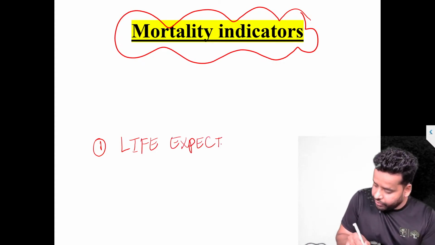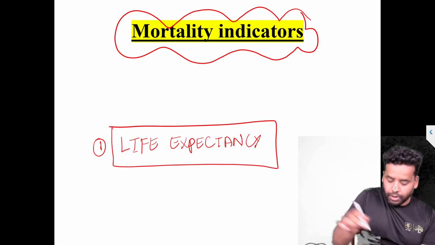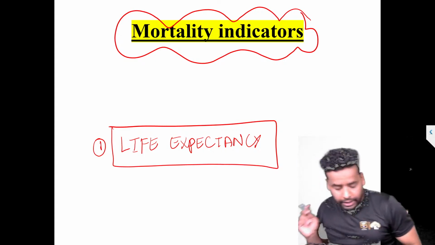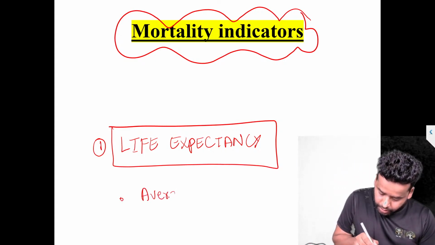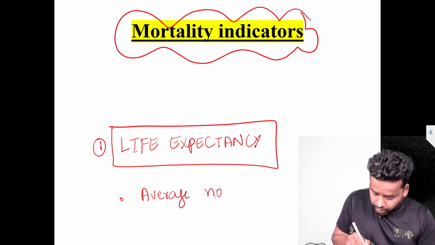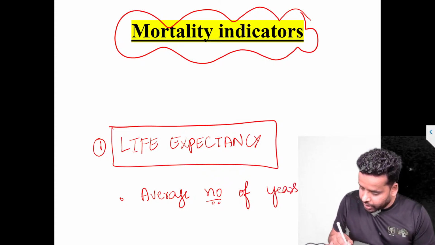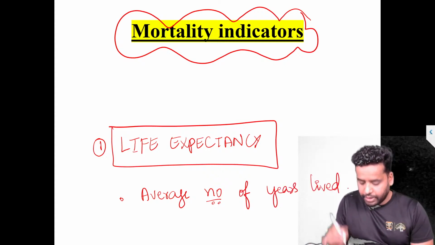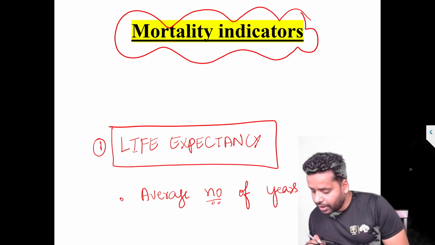What is life expectancy if I am asking? Average number of years of life lived. Write this: average number of years lived in a country. Listen to the words properly.